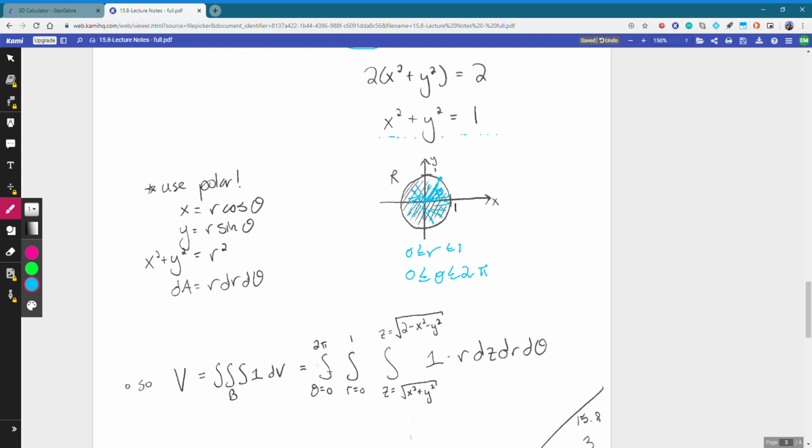So those become our limits of integration for our last two integrals. Now our dV becomes dz, which was our rectangular, and then r dr d theta for polar in the xy plane.